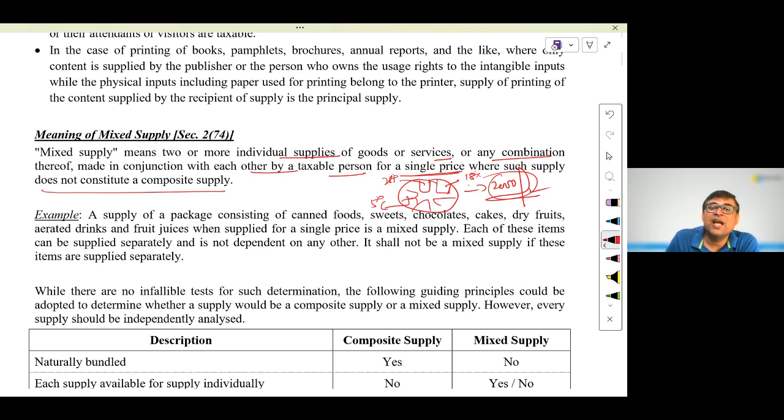Since none of the items is considered a principal supply, this is the case of a mixed supply. In that situation, the rate which is highest among all these three rates, 5, 28 and 18, that is 28%, on the entire value, that is the entire consideration of 2000, should be taxable at the rate of 28%.